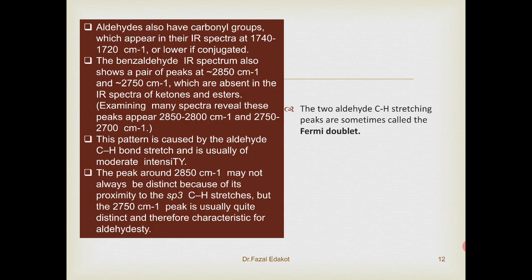The peak around 2850 per centimeter may not always be distinct because of its proximity to the sp3 CH stretches, but the 2750 per centimeter peak is usually quite distinct, and therefore characteristic of the aldehyde. That's it, okay.